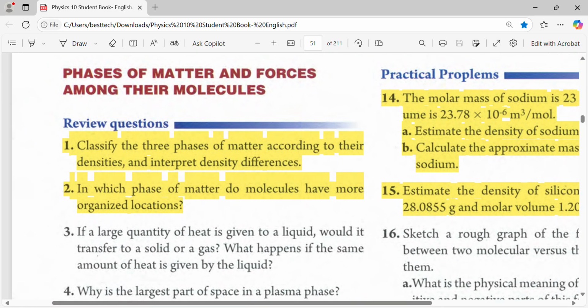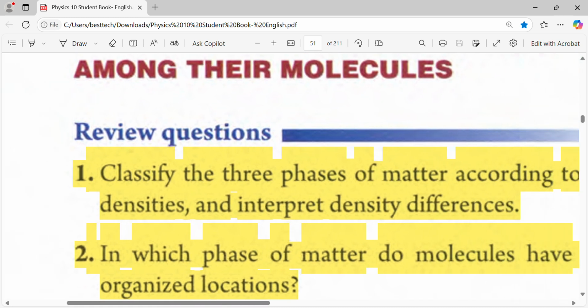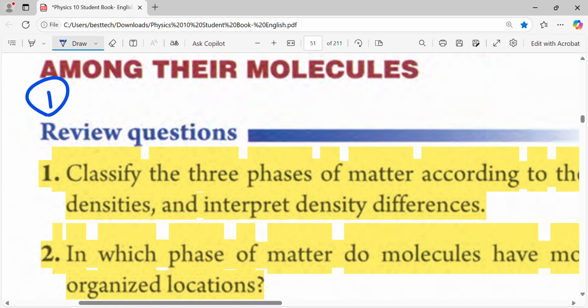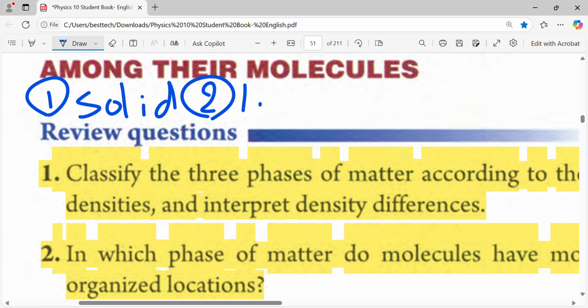Question 1. Look back. Classify the three phases of matter according to their density and interpret the density difference. Guys, as you know, we have three phases of matter. We studied all three. The first phase is solid, the second phase of matter is liquid, and the third phase of matter is gas.